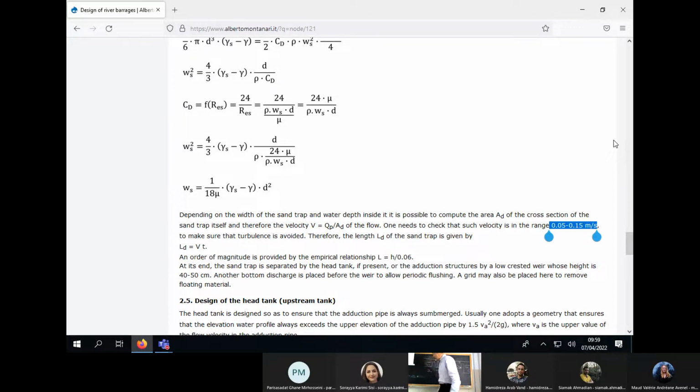Okay. Now, I know h. If I divide h by the velocity Ws, what I obtain is t, which is the time required by the particle to settle down.